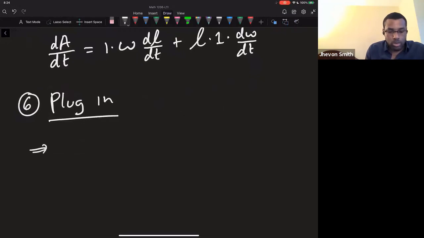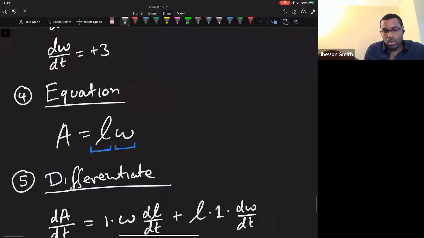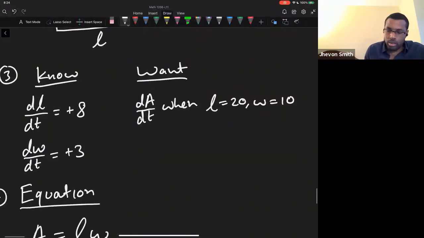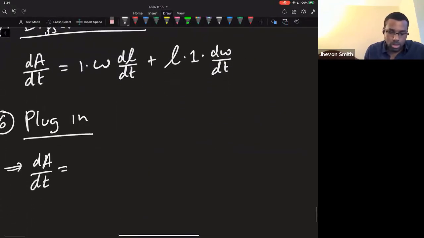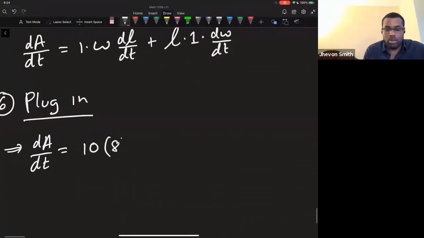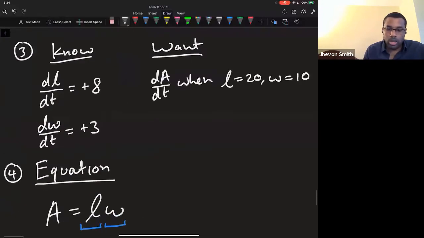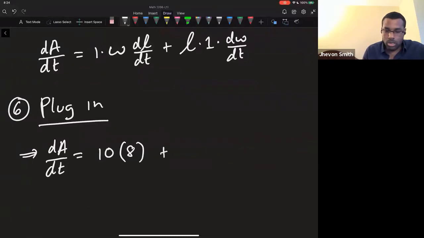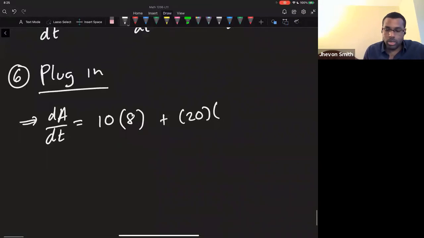6, plug in. So this would mean that dA/dt, which is the guy we want to find, is going to be equal to W, which here we know is 10, times dL/dt, which is 8, plus L, which is 20, times dW/dt, which is 3.